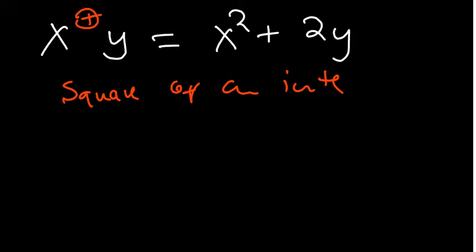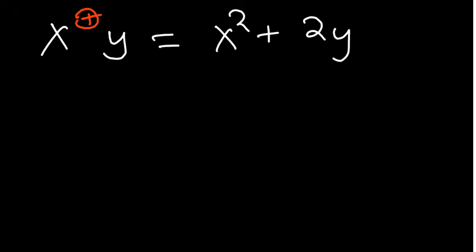Multiplication of an integer is also an integer. Addition of integers gives you integers. So this is a binary operation on a set of integers, because whatever integers you're going to plug in there, looking at the operations on the right hand side, there is addition and multiplication. So all those are binary operations, and you'll be able to maintain integers. Okay. So that's basically how you can handle such questions.